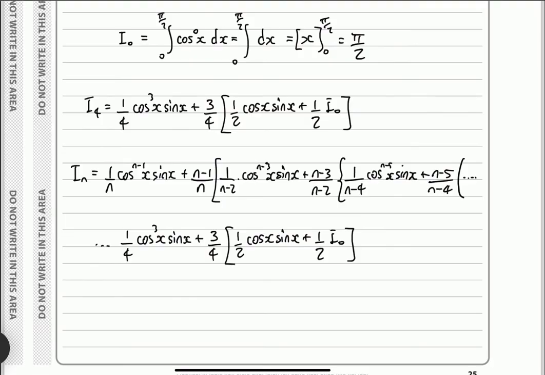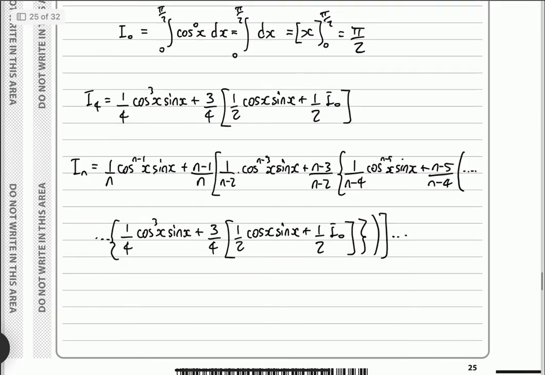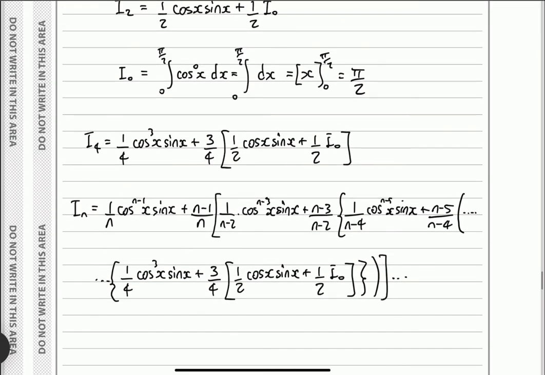But all of these are in brackets as well. We've got brackets piled up everywhere. Okay, this is where it's going to help: we're doing all of this from 0 to pi by 2.